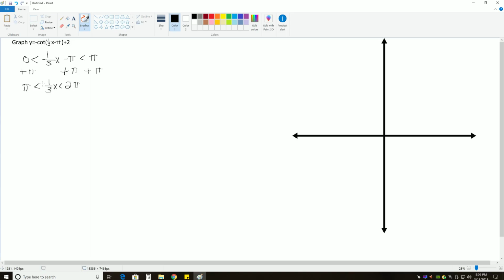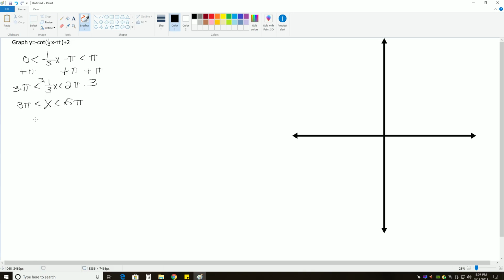And now we want to get rid of this 1/3, so we're going to multiply everything by 3, which gives us 3 pi is less than x, which is less than 6 pi. Now this represents one period of our new graph of cotangent. This takes care of all of our horizontal transformations.